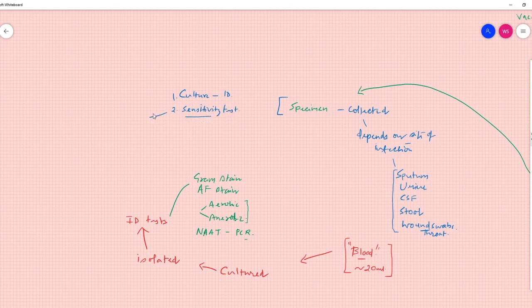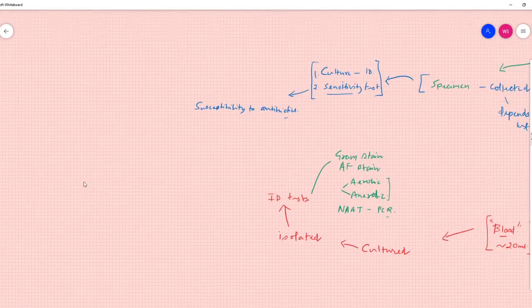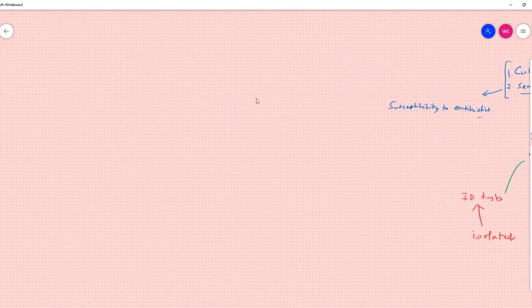It is testing the susceptibility to antibiotics. So culture and sensitivity test is done with the specimen, and the susceptibility to antibiotics is found out.